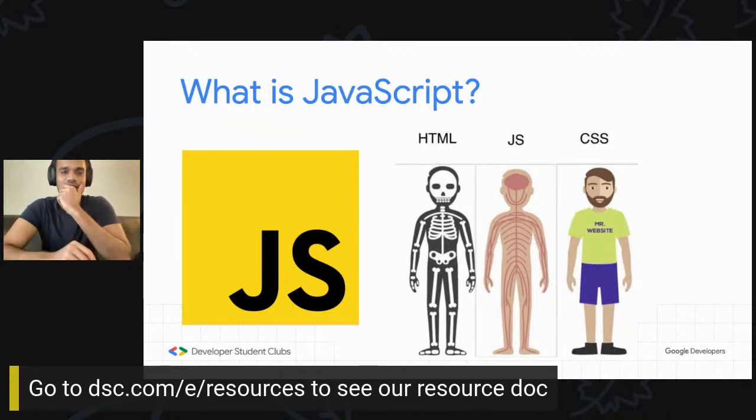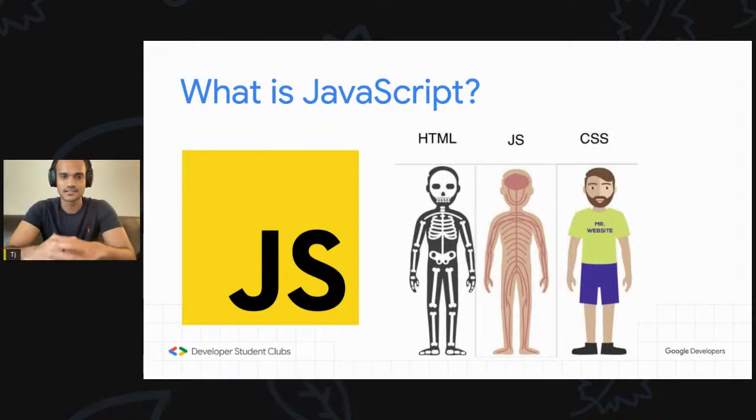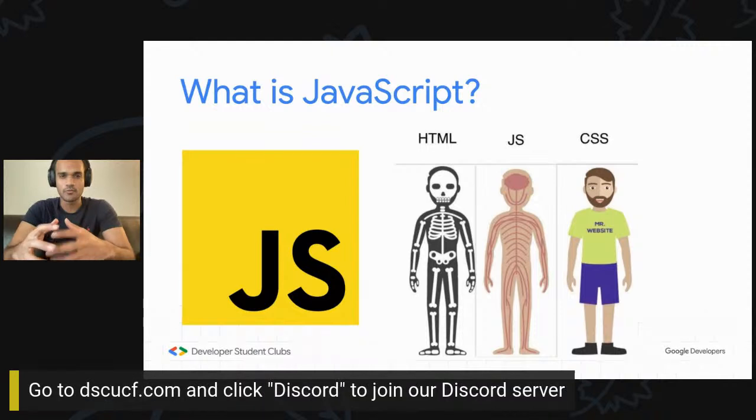So before we get started on answering this question, what is JavaScript? I've seen many students ask me, hey, we've done some coding in HTML and we did some styling in CSS. We don't really know why we have to learn JavaScript. And then I'm like, if you think about your body, HTML is like a skeleton, right? That's why it's called the markup language.